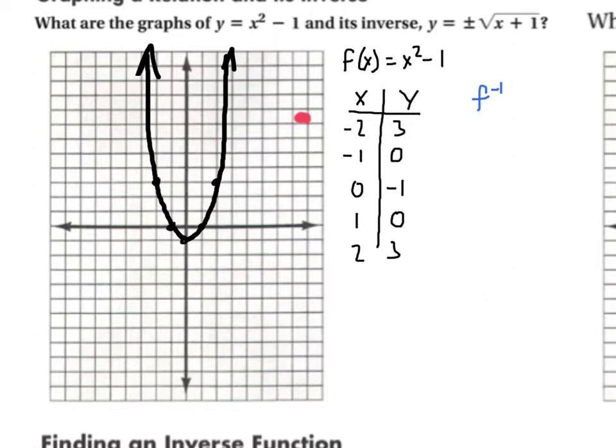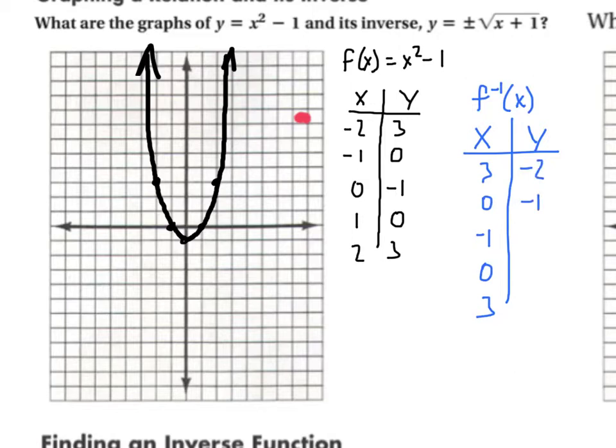So F inverse is going to have the table of values of 3, 0, -1, 0, 3 for the x values. And our y values are -2, -1, 0, 1, and 2. Just like yesterday.